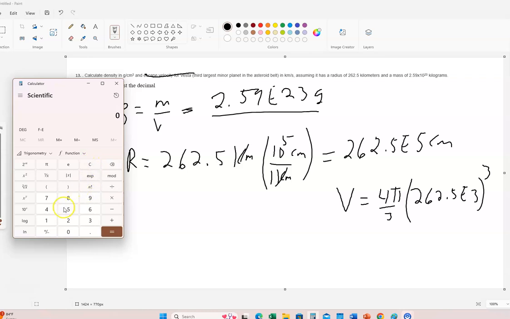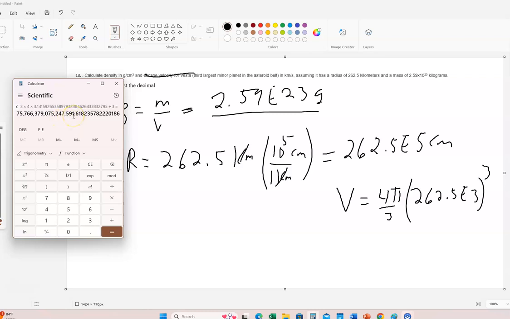All right, so here we go. It's going to be 262.5 times 10 to the third. Now I've got to cube that, raised to the third, and then times 4 times pi, and then divided by 3. This is going to give me the answer in non-scientific notation.